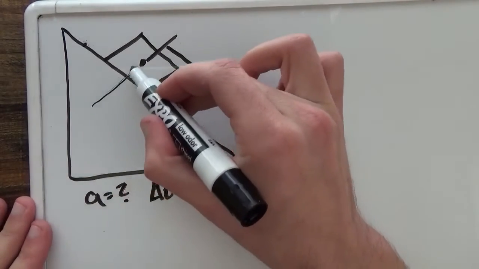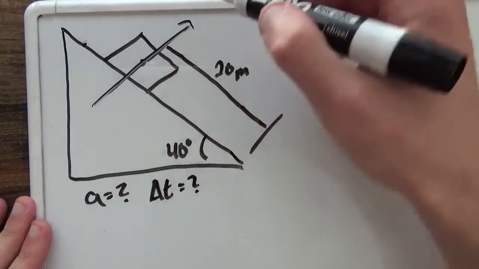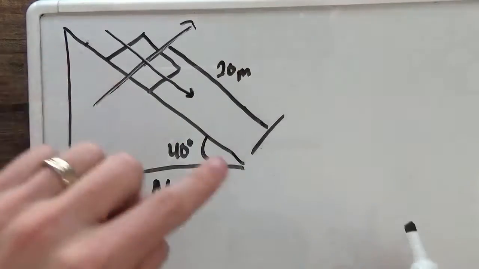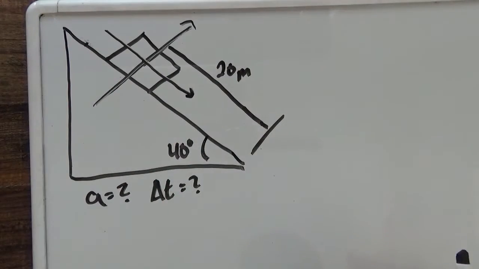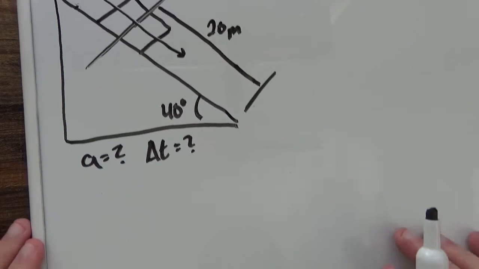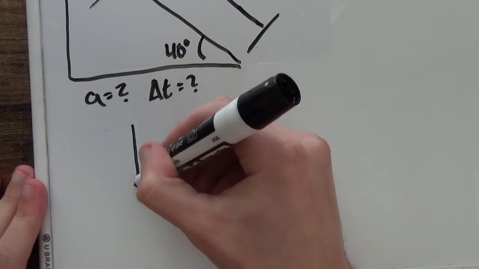So I'll draw my axes, one right here, and then one right here. We're drawing them parallel to the surface of the ramp, which we've found is the easiest setup. And then I'll draw them down here also for reference.